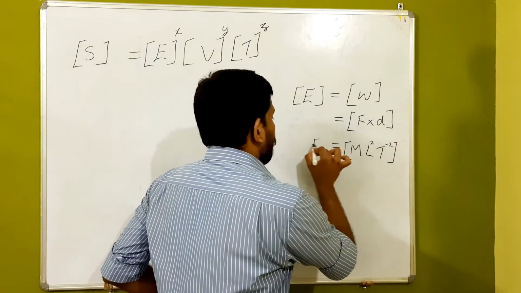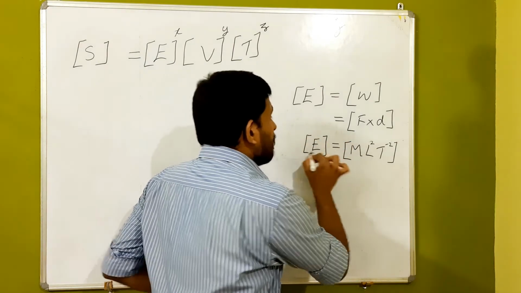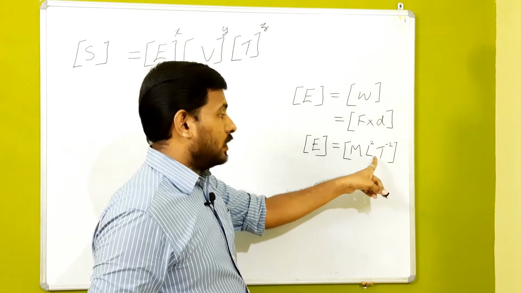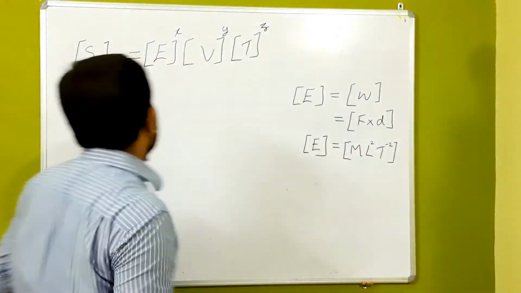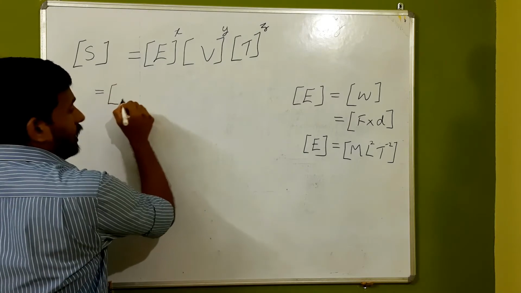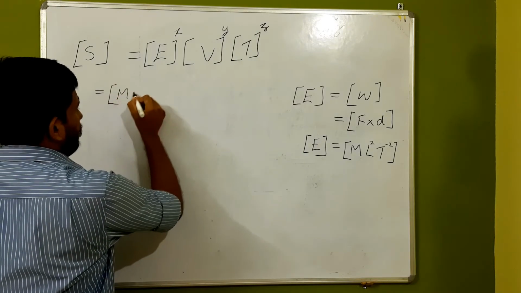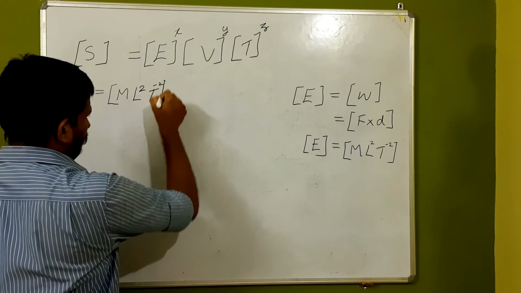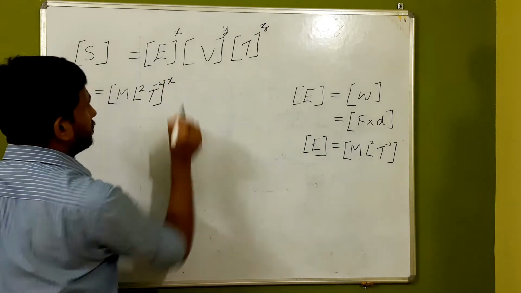So the dimension of energy is the same as the dimension of work, and we get it as M L square T raised to minus 2. So we can put it here. The dimension of energy is M L square T raised to minus 2, the whole power x.